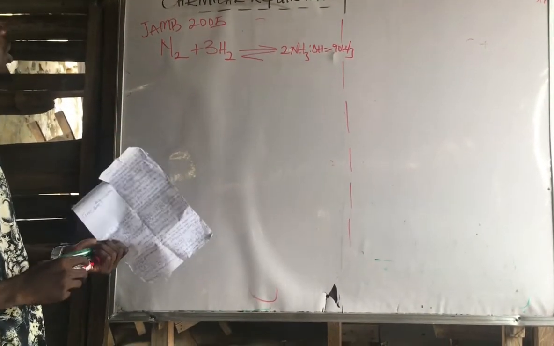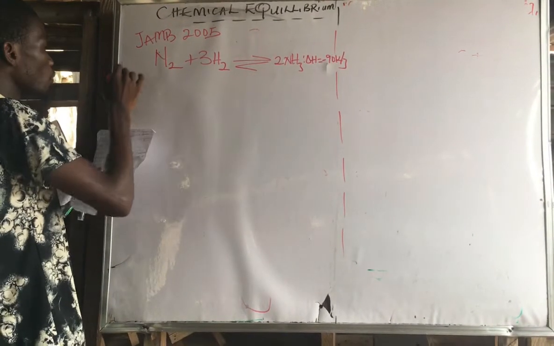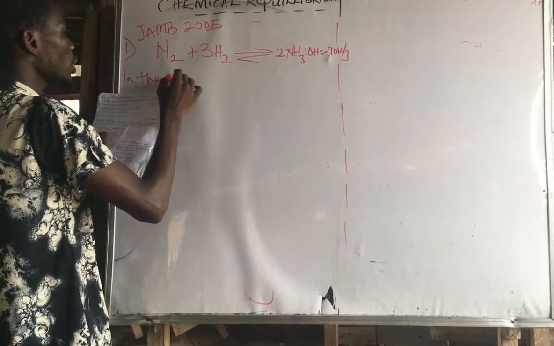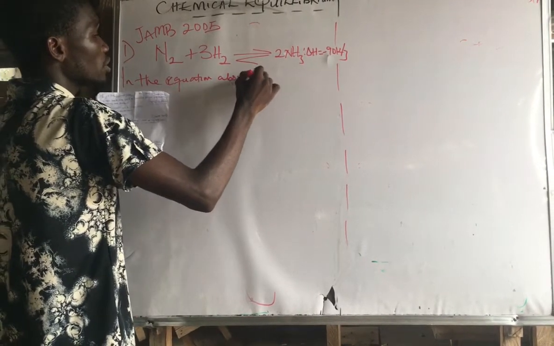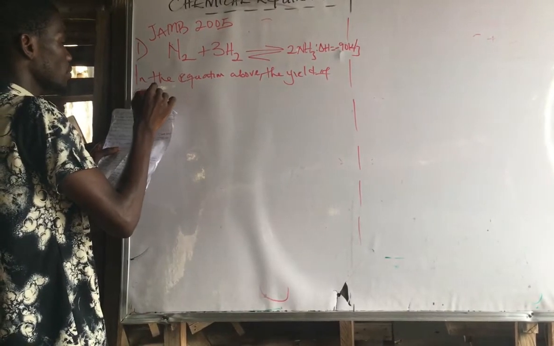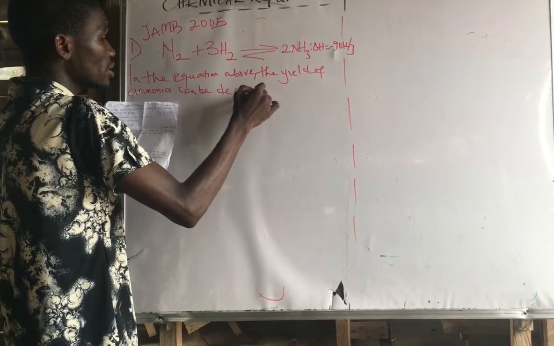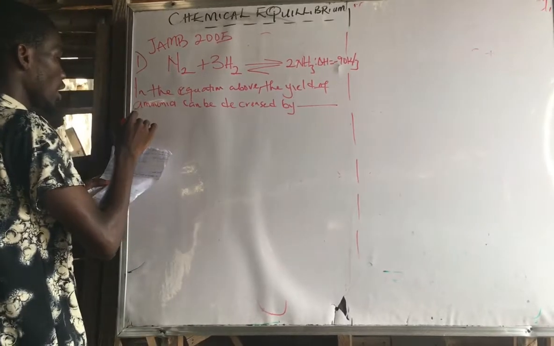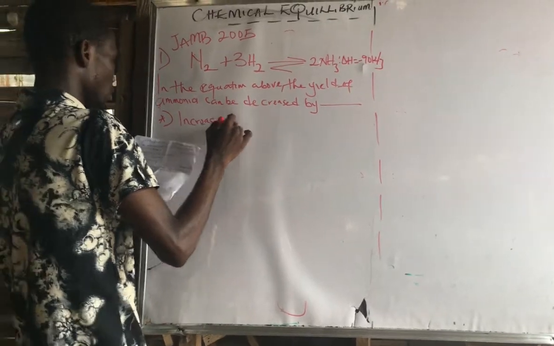So with what you have on the board now for the JAMB question number 1, in the reaction above, or you can say in the equation above, the yield of ammonia can be decreased by dash. A, increasing the pressure.